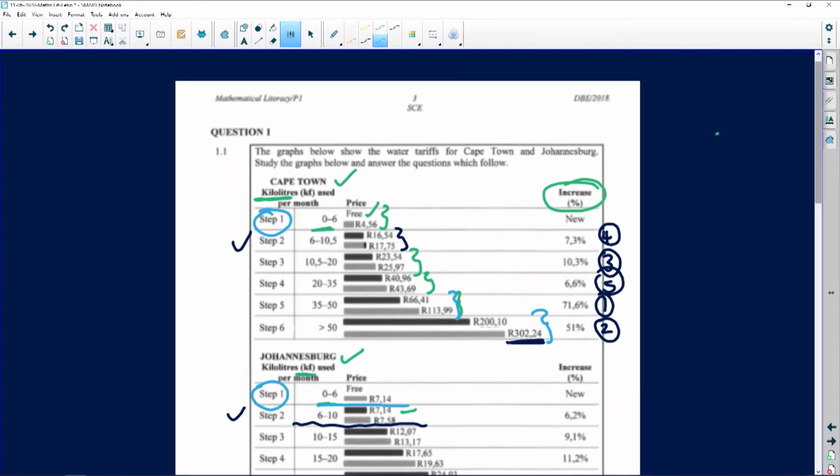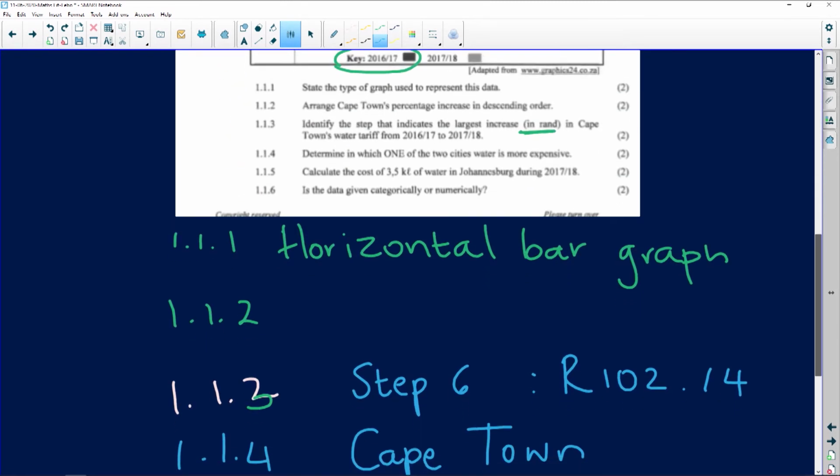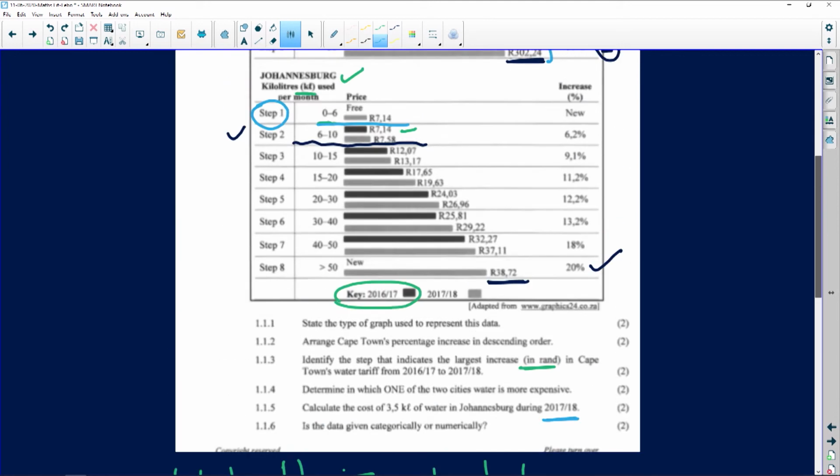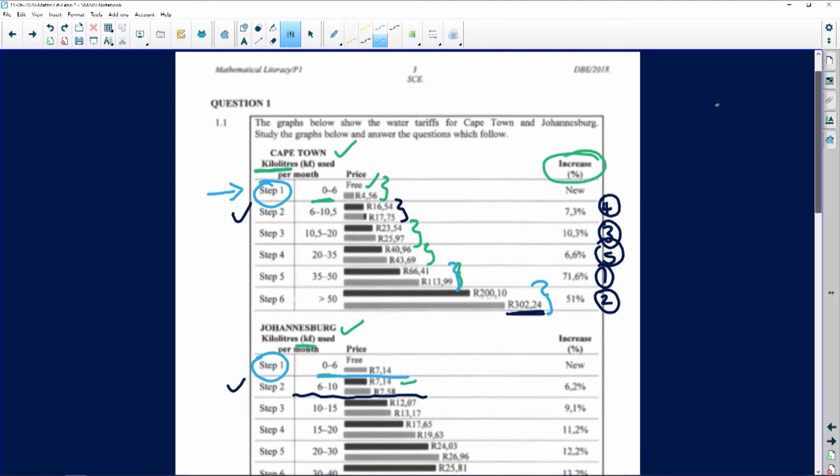Let's go up and compare using our table. 3.5 kiloliters of water. Look at that. 3.5 kiloliters of water falls under the first bracket. Okay? Are we given the year? Yes, 2017, 2018. So do not use the wrong year. So we know that we have had an increase of some sort.